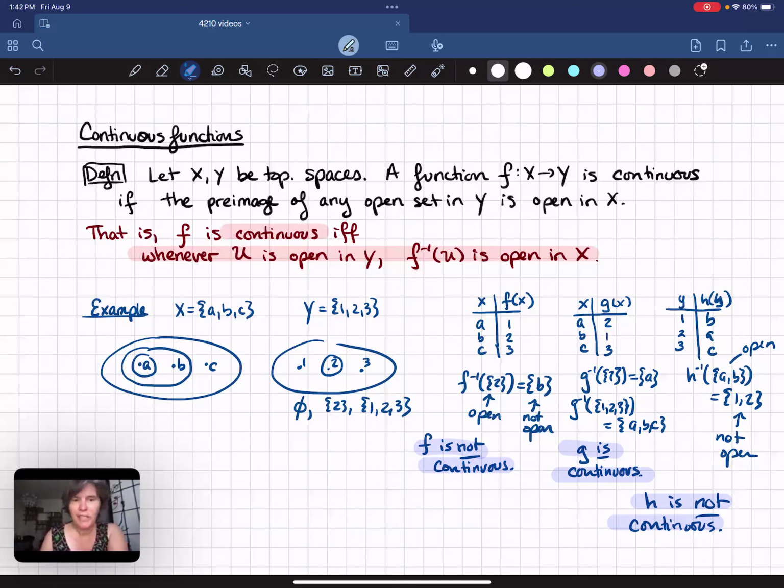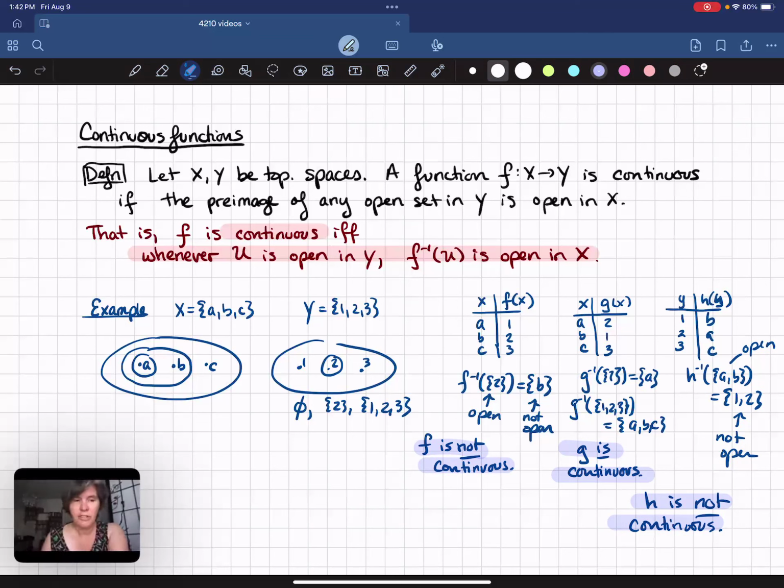Here we just listed all of the open sets and checked them one by one, but usually we have some standard format that all the open sets take. Maybe they look like open intervals, or unions of open intervals, or sets with finite complements. So we just take a generic set of the right type and look at its pre-image.